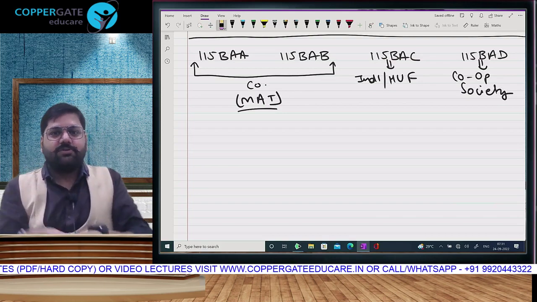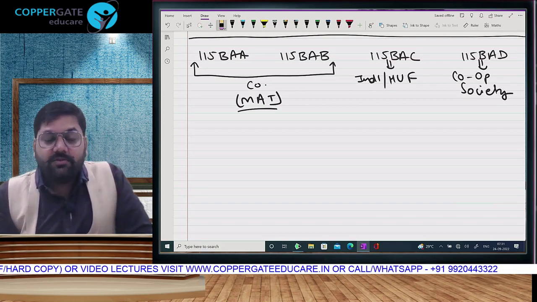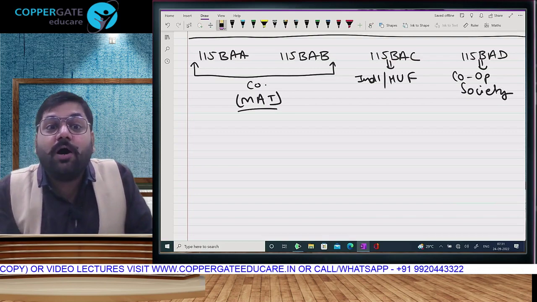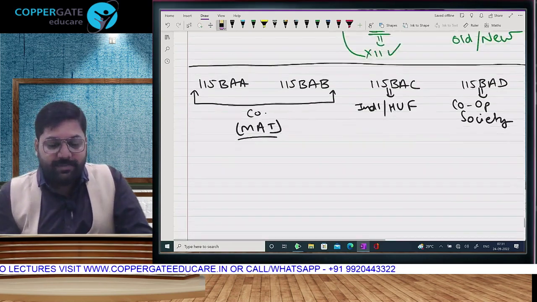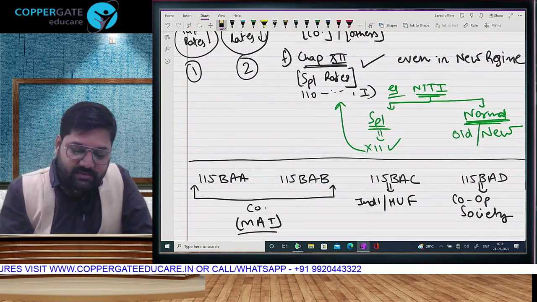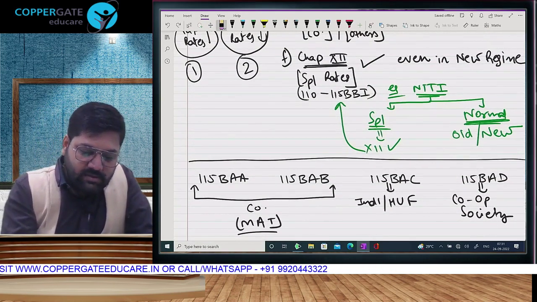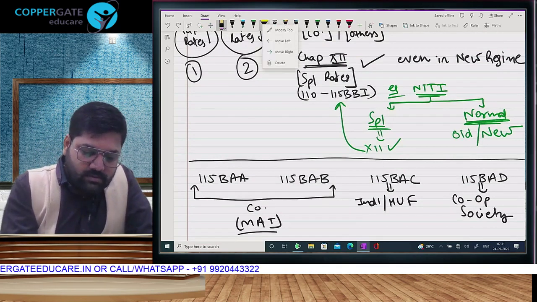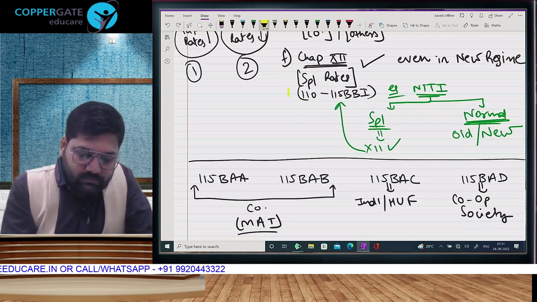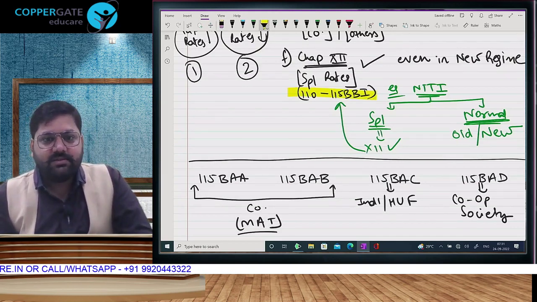Understood? Harshit, Muskan, all of you. These sections are also a part of chapter 12. Observe carefully. The range of chapter 12 is this.